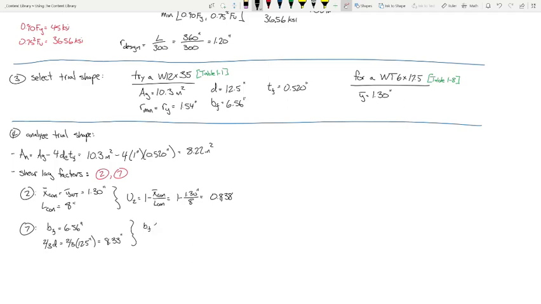So BF is less than 2/3 of the depth. So what does that mean U7 is? 0.85. And from all this hullabaloo, what do we actually use for U? The 0.838 or the 0.85? U7. U7, the maximum.